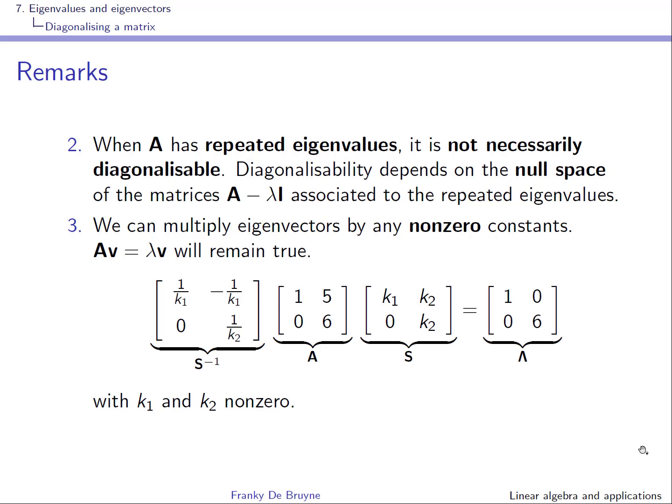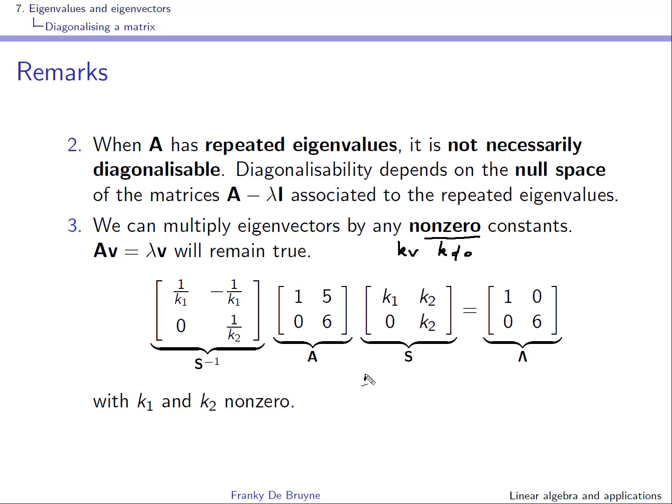We can multiply eigenvectors by non-zero constants. So if v is an eigenvector, kv is also an eigenvector with k different from 0. Okay, so here remember, in this case over here we had two eigenvectors.